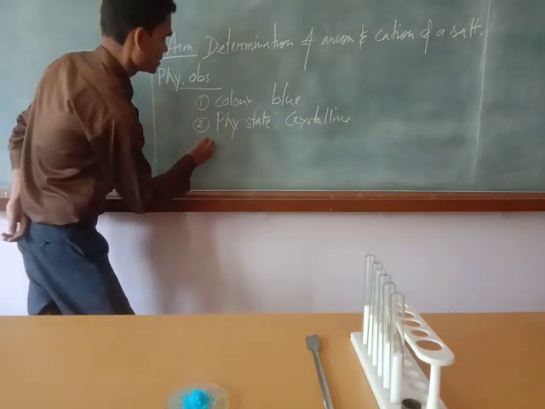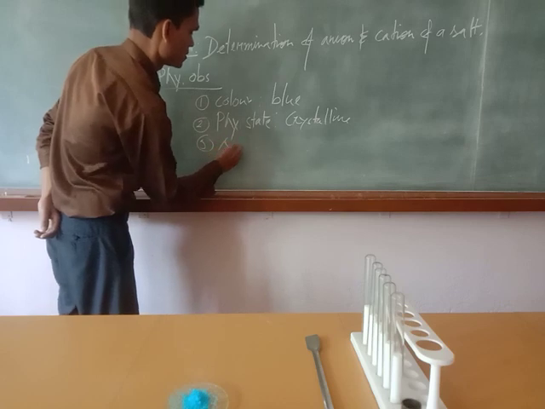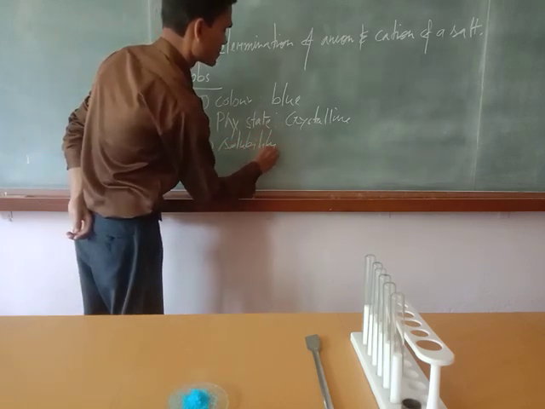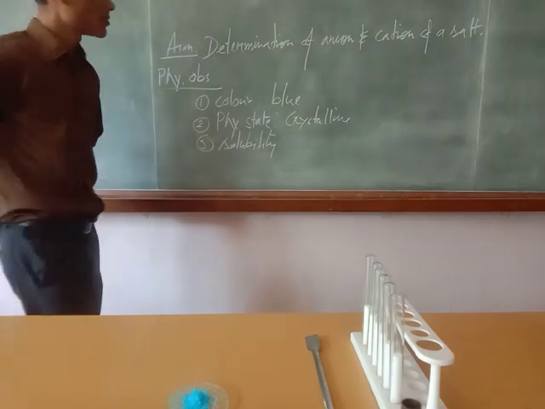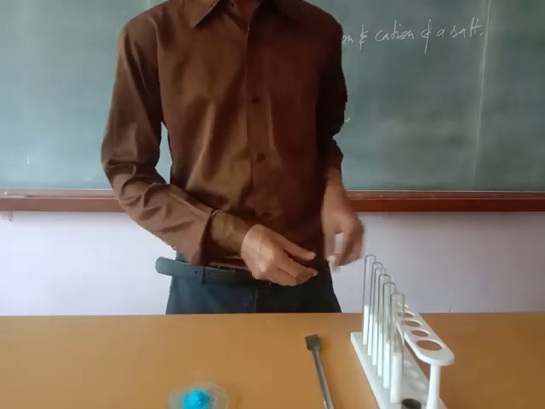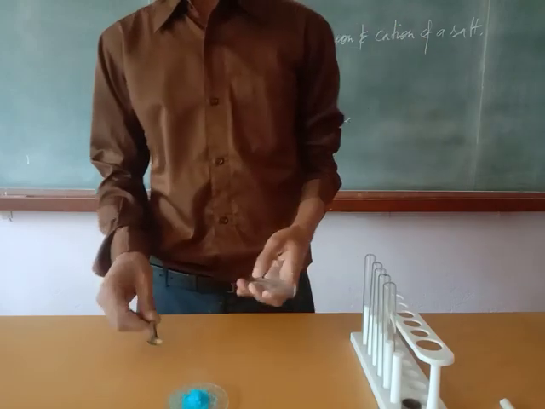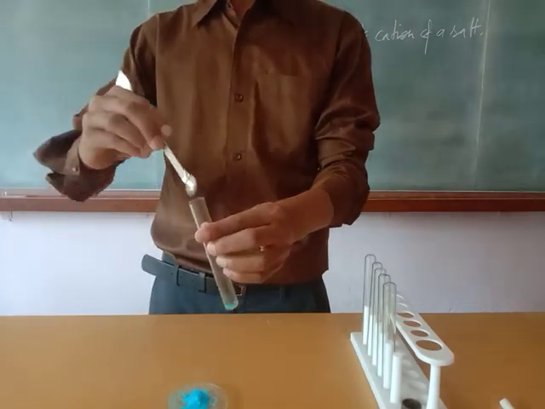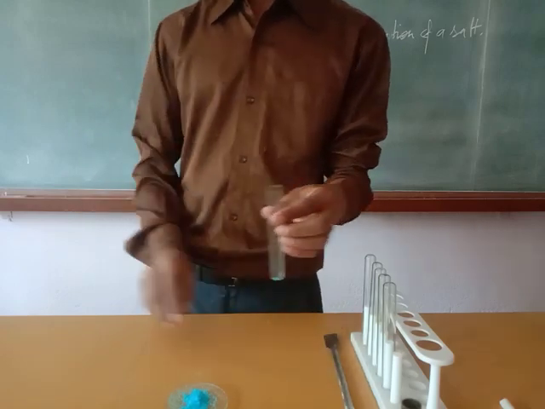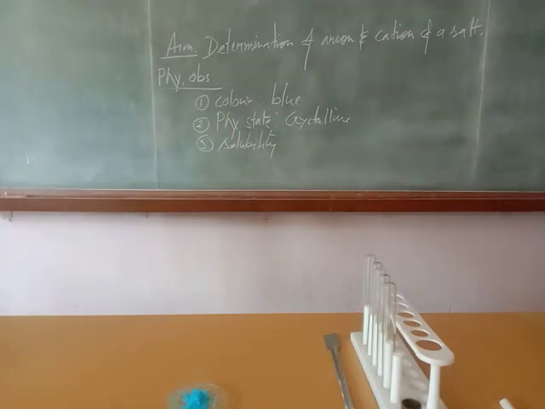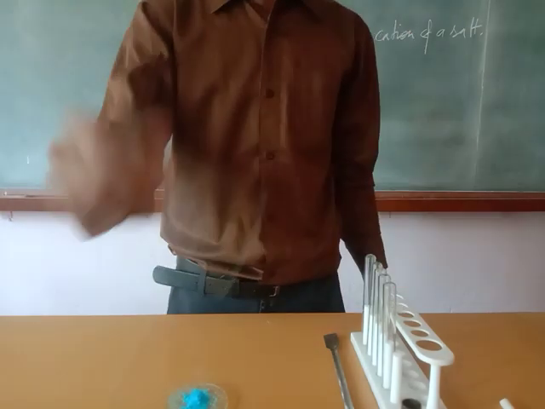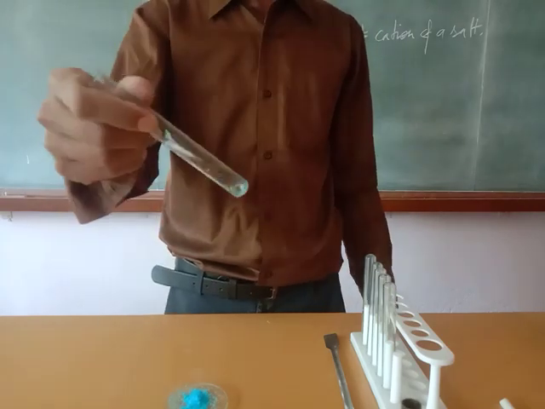Number 3, solubility. For the solubility test, you take a test tube, then you take a pinch of salt. Now I have added water, then you try to dissolve it.